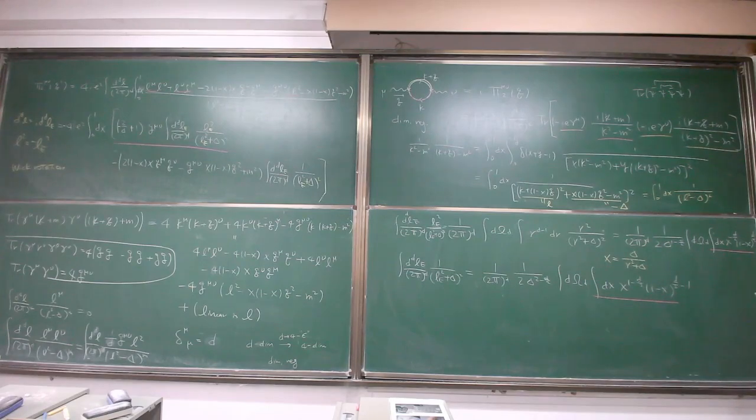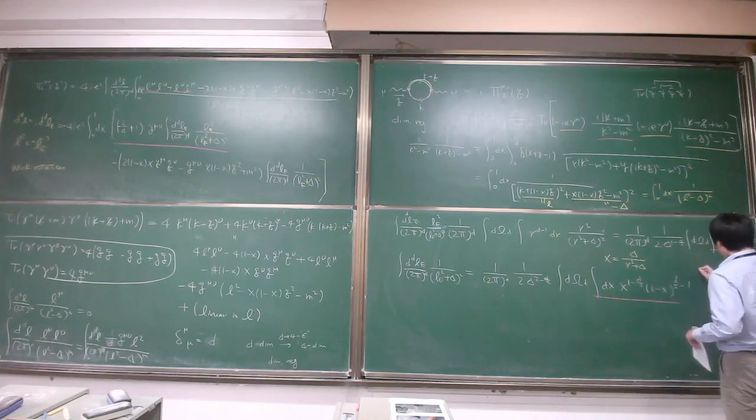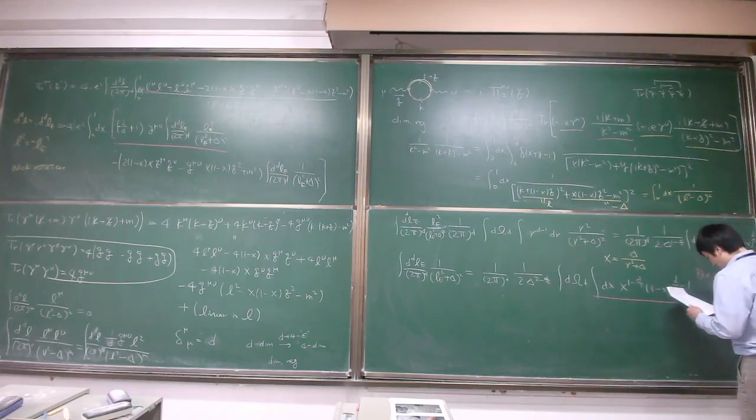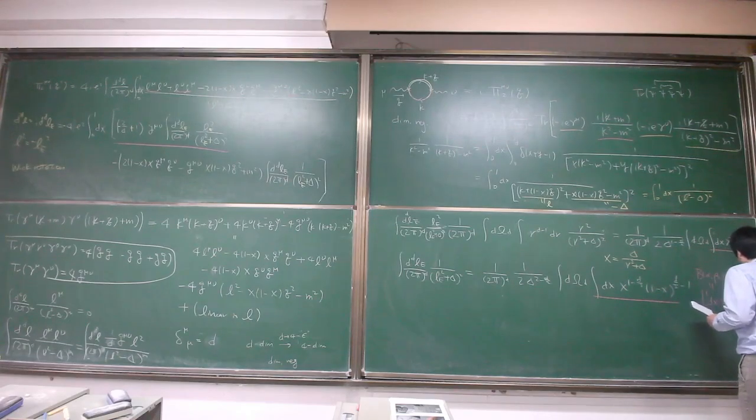Then alpha beta is equal to... this kind of integral was studied from the time of Euler, and it can be written in terms of the beta function.